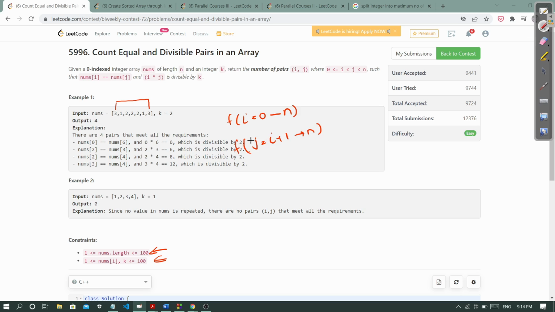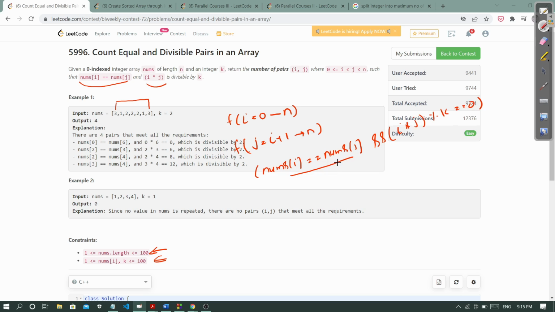Whenever we find a valid pair, it is one that satisfies this condition. Whenever nums[i] is equal to nums[j], this is the first condition, and also i times j modulus k is equal to 0.